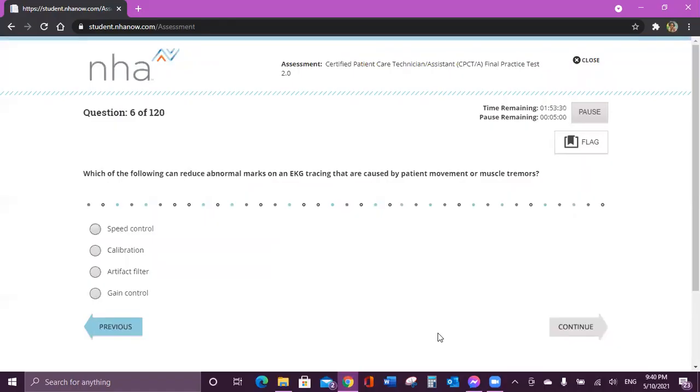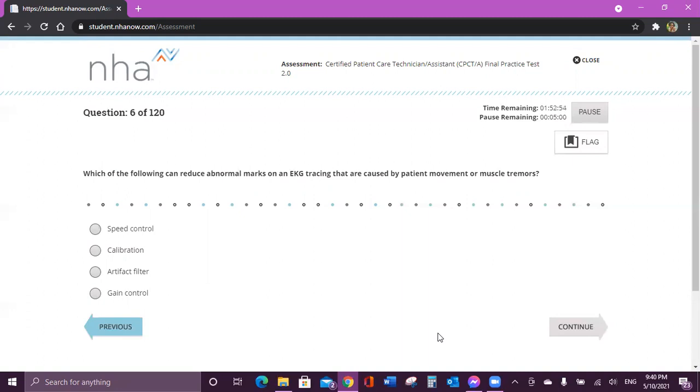Which of the following can reduce abnormal marks on EKG tracing that are caused by patient movement or muscular tremor? Speed control, calibration, artifact filter.